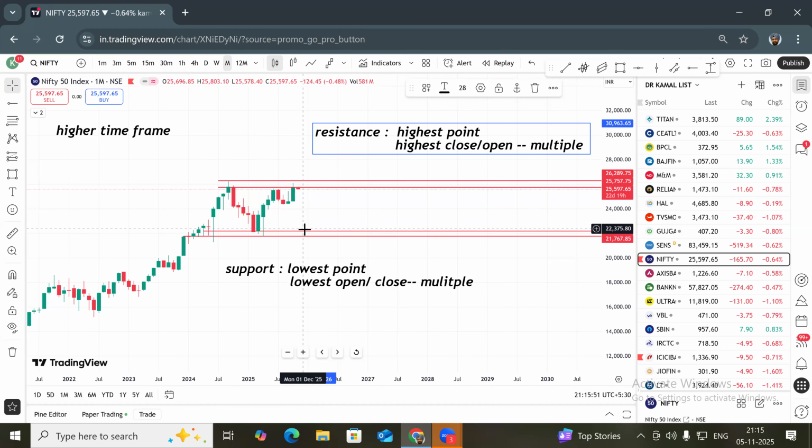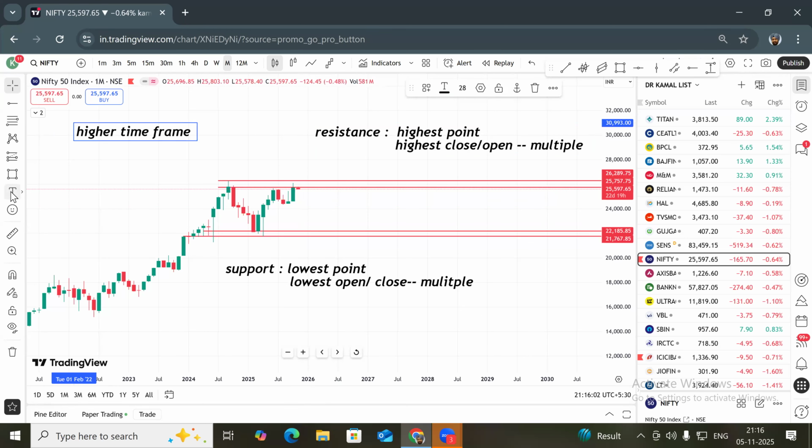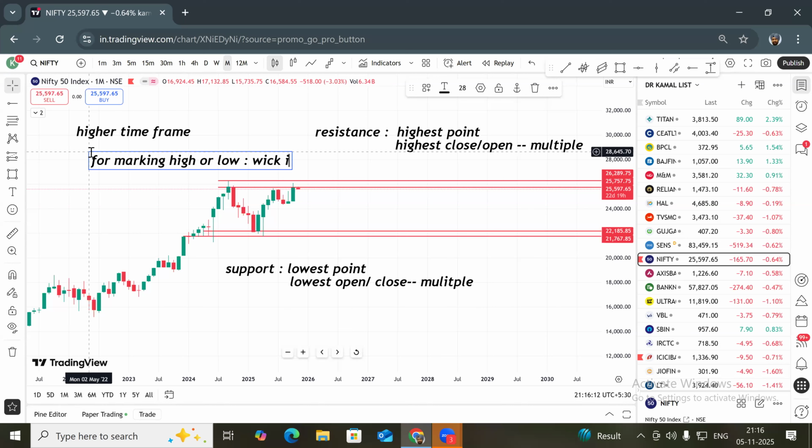The monthly will move the slowest out of all of them because it will take 25 days to practically make a support and resistance. For marking high or low, the wick is to be taken into consideration.